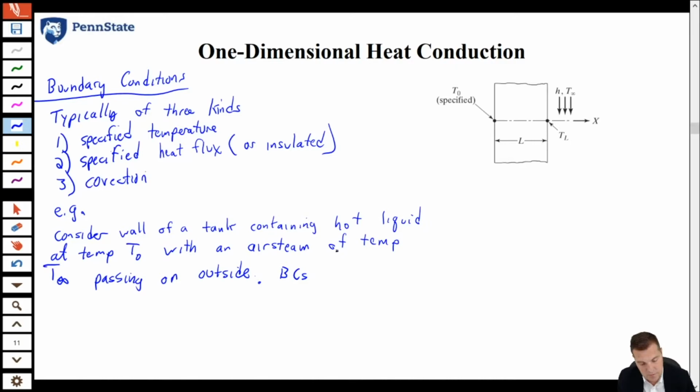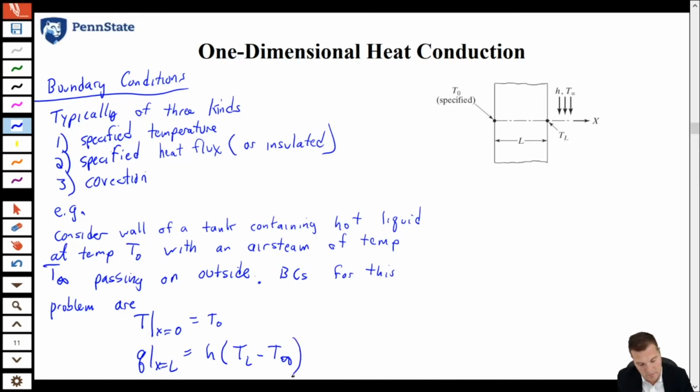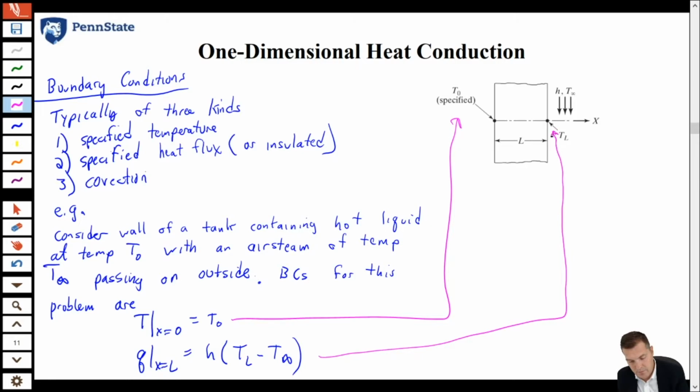The boundary conditions for this problem are T at x equals 0 is equal to T0, and q at x equals L is equal to h times T(L) minus T infinity. So this one would go here, and this one would be here. Those are typical boundary conditions you could have for this type of problem.